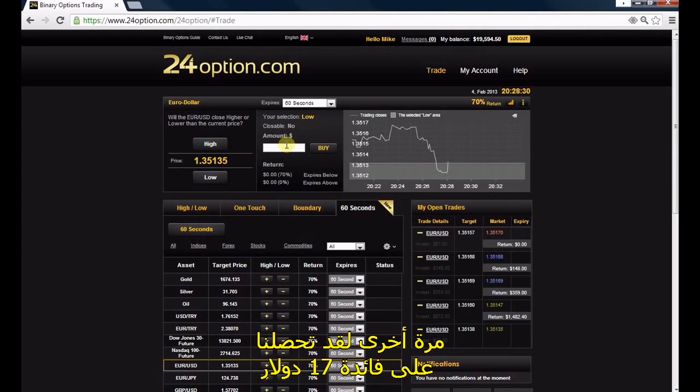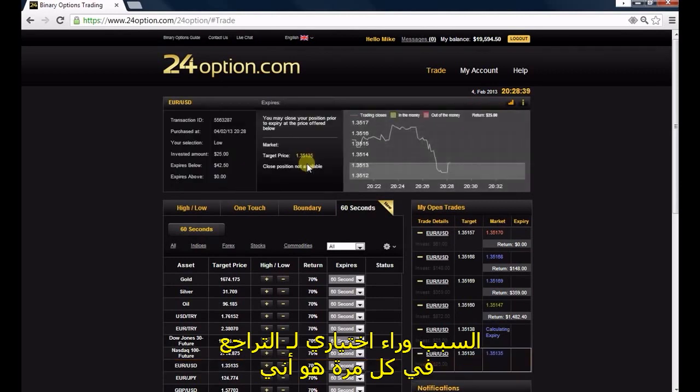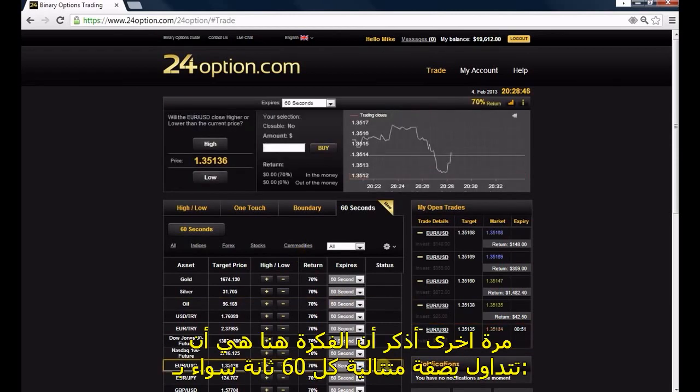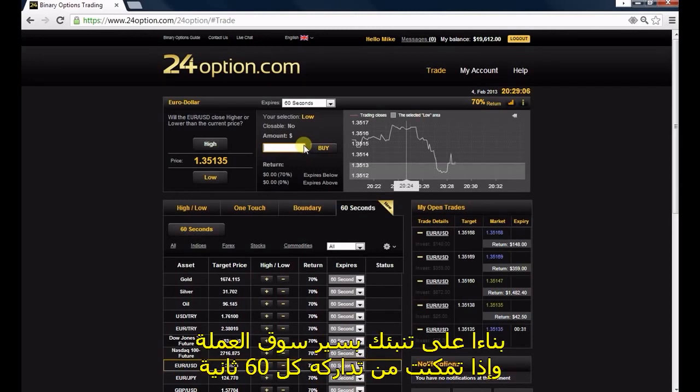We're going to go with a put. The reason why I'm going to continue going with puts is because I actually want to catch it at the 4th or the 5th trade. Okay, so we're going to get, and again, the idea here is that you're trading sequentially, meaning after 60 seconds, you're going to put in another call or put based on how you predict that the currency is going to trade.